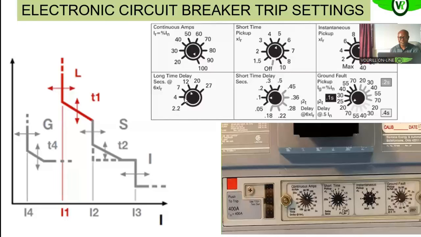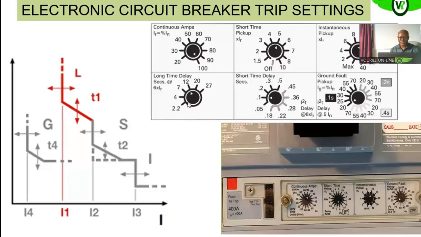If you set it for 4 seconds or 7 seconds, it means that if it sees about 6 times, that is 3,000 amps, the long time delay will start counting. Any overload on this circuit breaker will activate this long time delay.